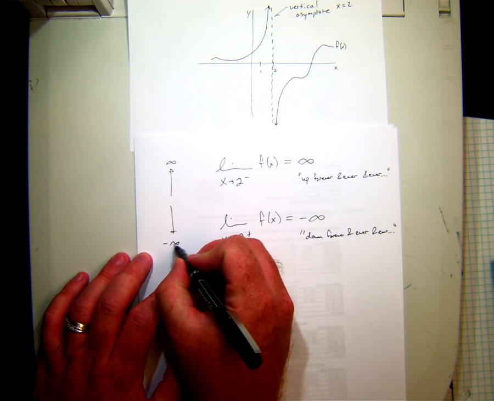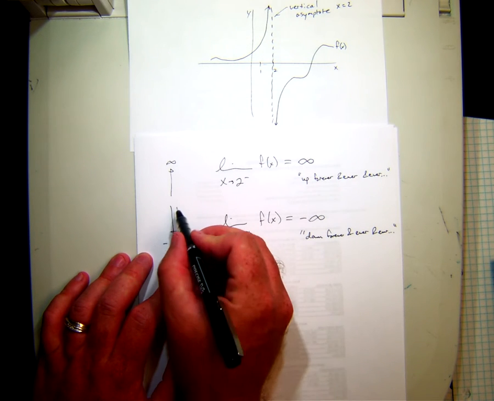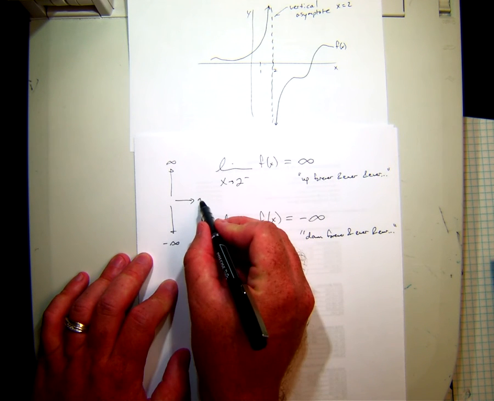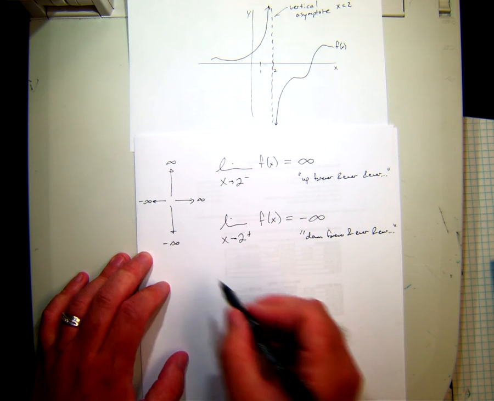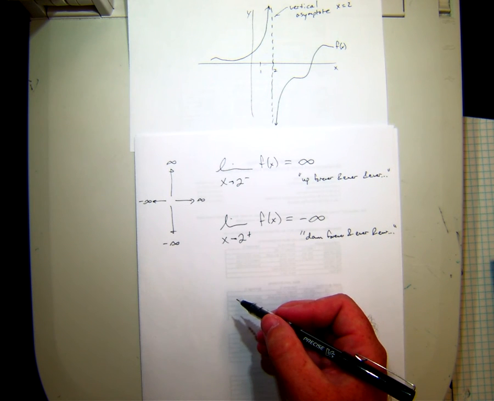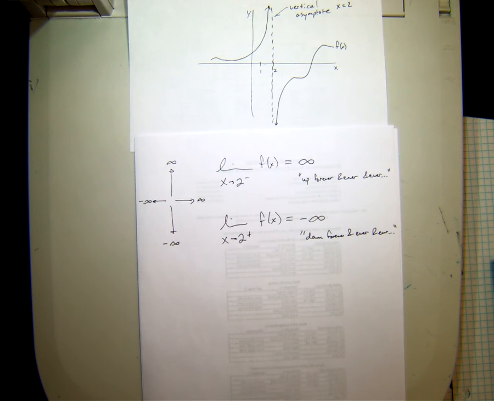Negative infinity means down forever. As we'll see in a minute, if we're talking about x values, infinity means to the right forever. Negative infinity means to the left forever. So let's find some of these limits.